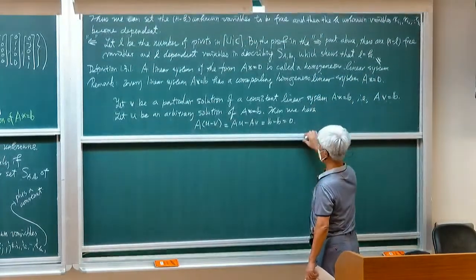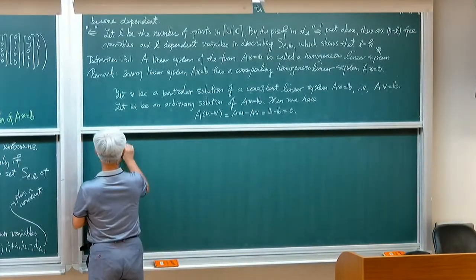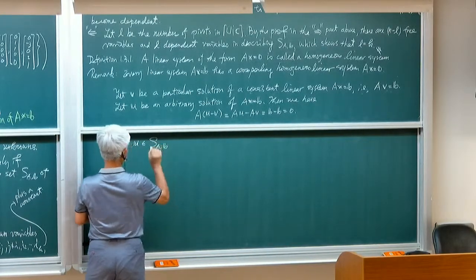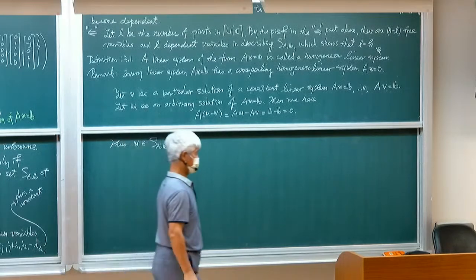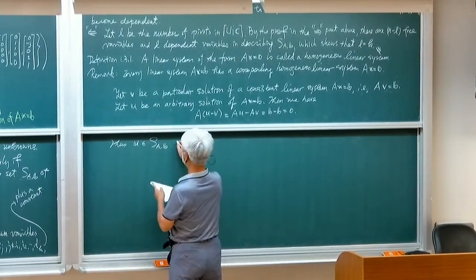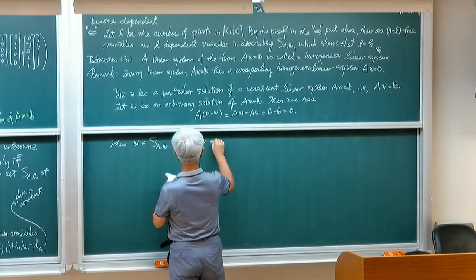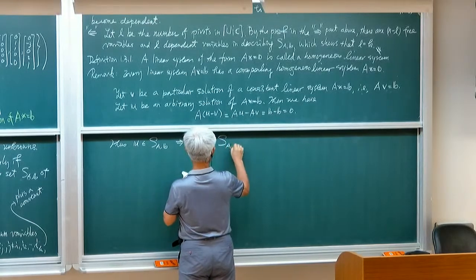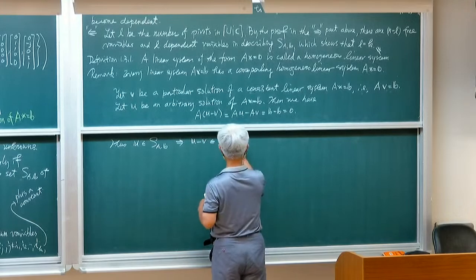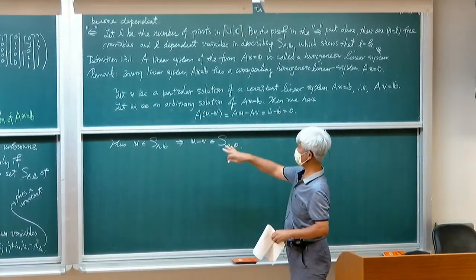Okay, so we show that if U is in the solution set of AX equal to B, then this implies that U minus V is in the solution set of the corresponding homogeneous linear system, AX equal to 0 here.